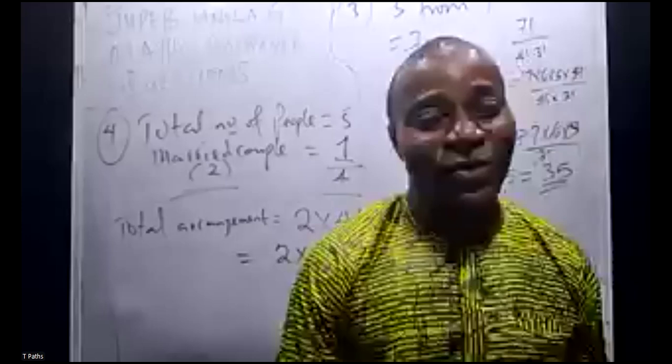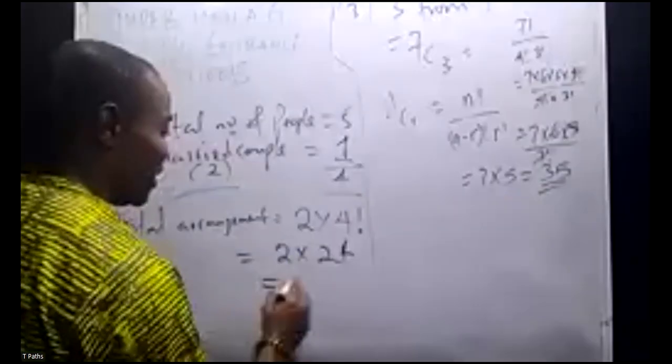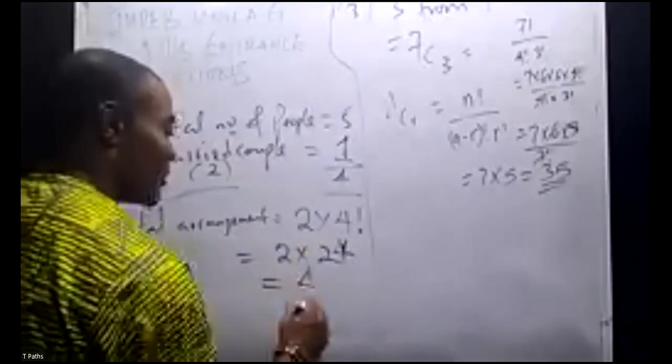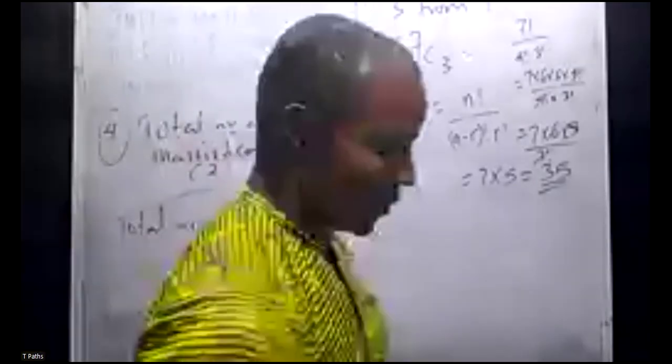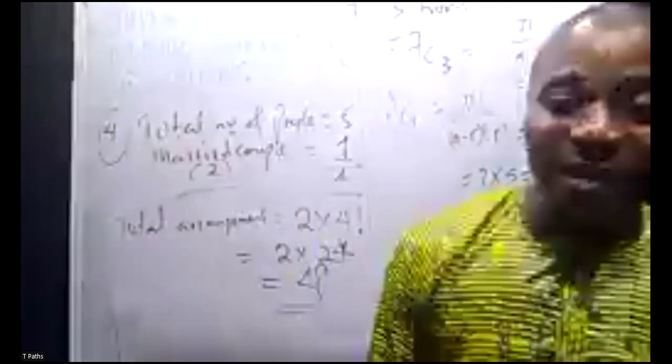What's 4 factorial? Somebody tell us. So 2 times 24 gives us the total arrangements, which is 48. That's the correct answer.